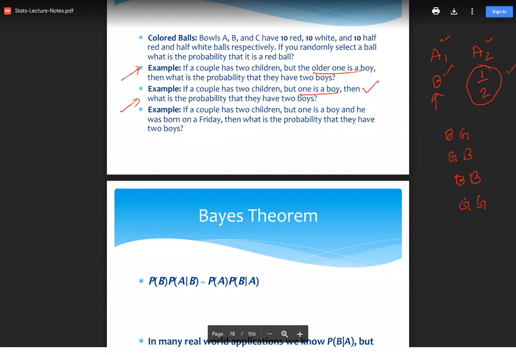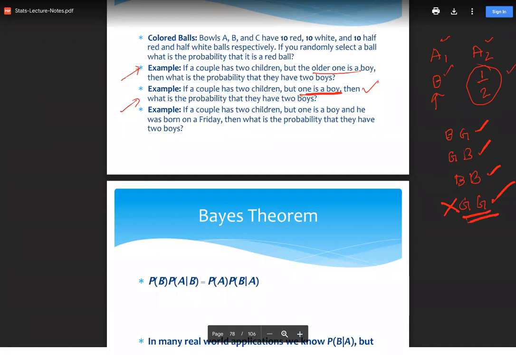If they are having 2 children, that's all the orderings that are possible. But they tell you one is a boy. That means girl, girl cannot have happened. Just by that piece of information, this excludes the girl, girl option. If one is a boy, you cannot have this.